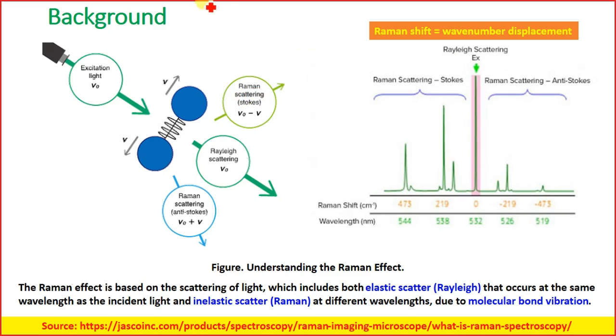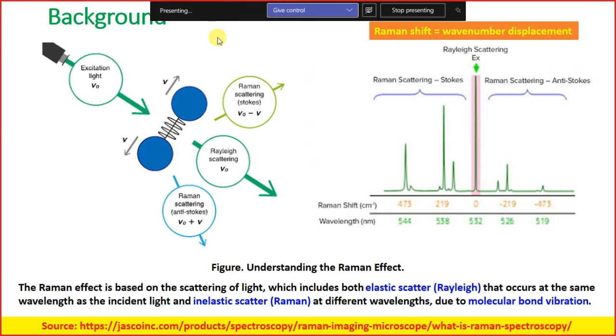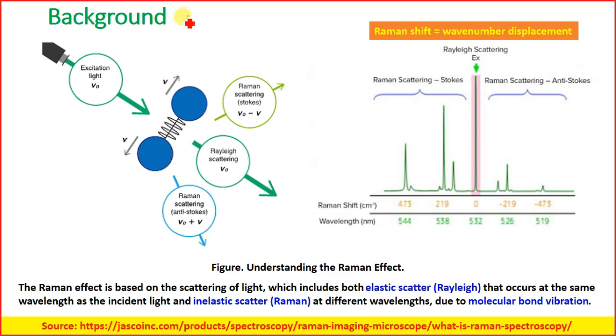So, the scattering can be of two types: elastic scattering and inelastic scattering. Okay, so scattering is of two types. Now what happens over here in the scattering?